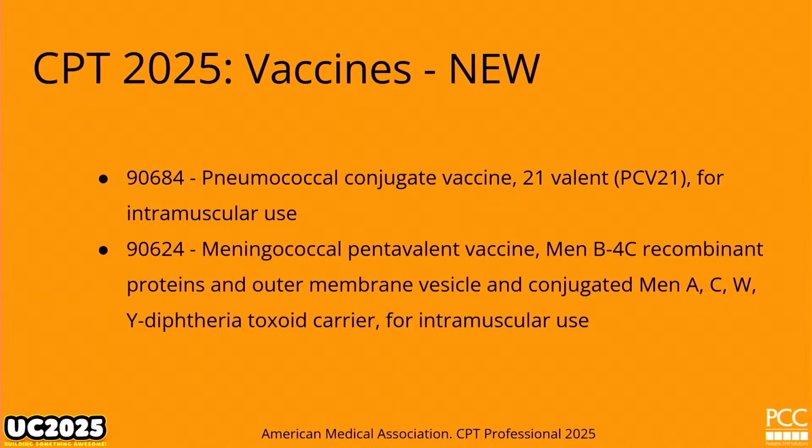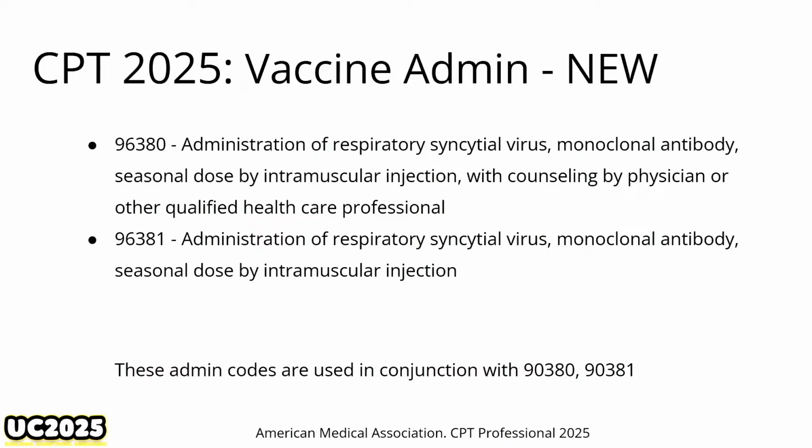New vaccines, we have the 90684, 90624. We have new vaccine admins, so this is going to be your 96380 and your 96381s. These are going to be used in conjunction with the 90380 and the 90381s.